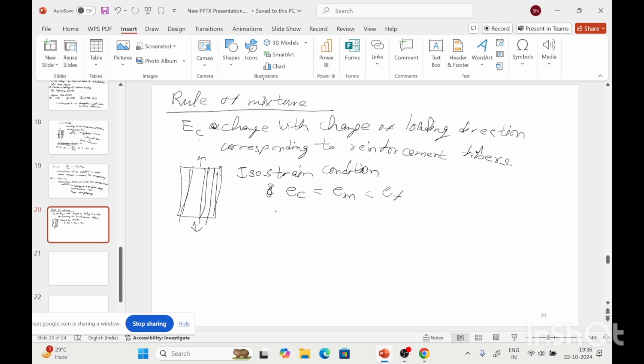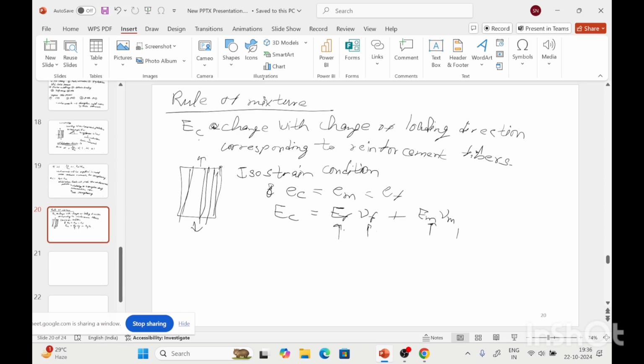So this will lead to the elastic modulus of composite that can be written as EF VF plus EM into Vm. Here EF is the modulus of fiber and Vf is the volume fraction of the fibers.